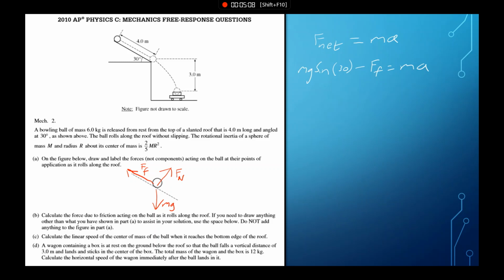Torque. Torque, okay. So torque is inertia times our angular acceleration. I'm going to rewrite that because I can't really read that. So this is torque is equal to rotational inertia times angular acceleration.